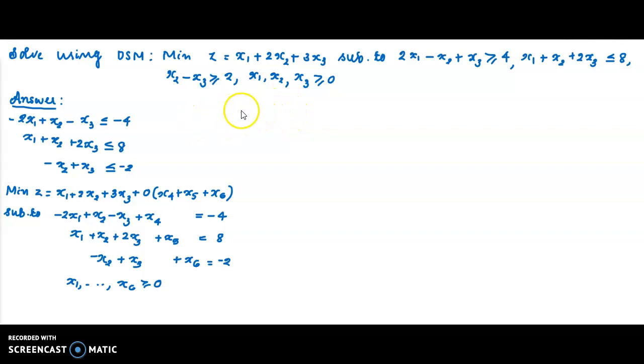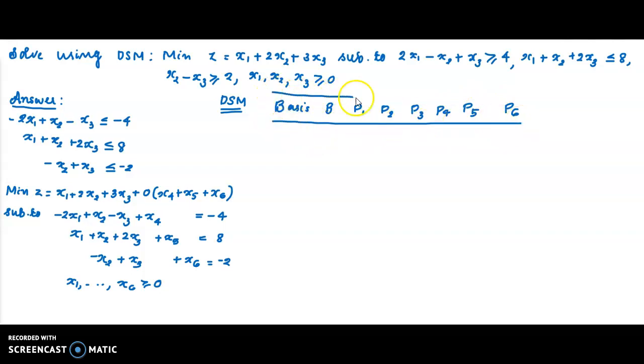Then we can write the dual simplex table. We move to dual simplex table. Basis, then B, P1, P2, P3, P4, P5 and P6.